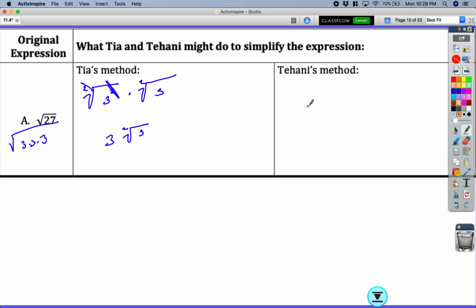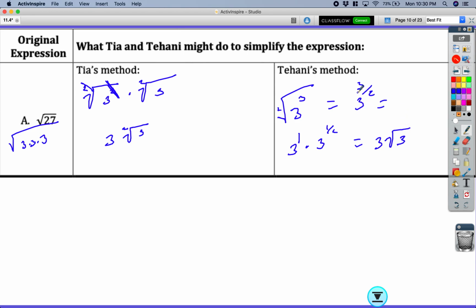Okay? Tiana's method is basically you have 3 to the third power, but we're taking the square root of that. So that's equivalent to 3 to the third power over 2, which she broke down originally as 3 to the first times 3 to the 1/2, which is just equal to 3 square root 3.